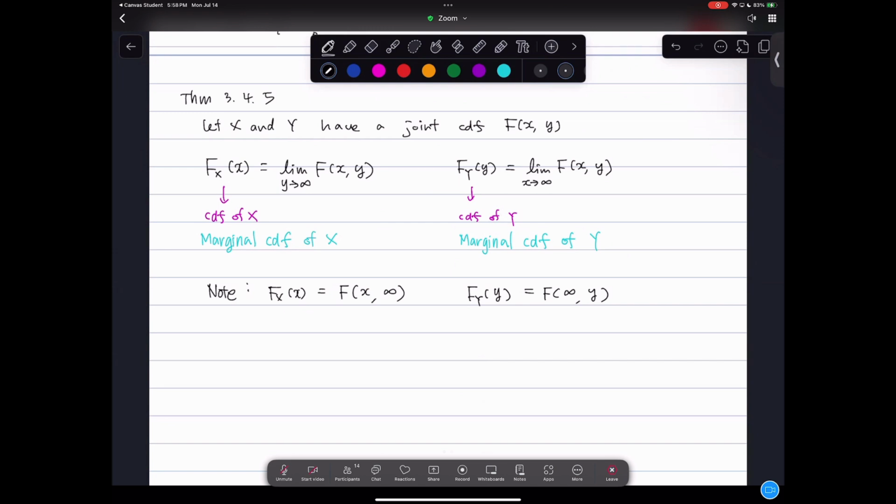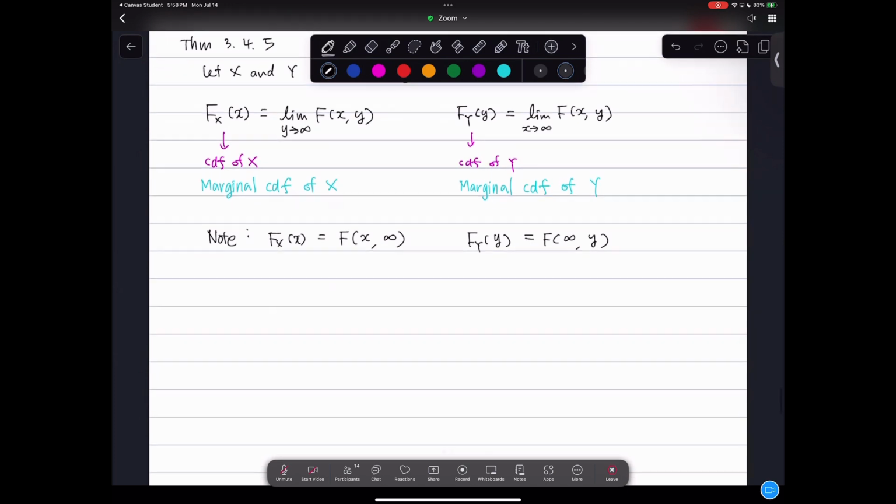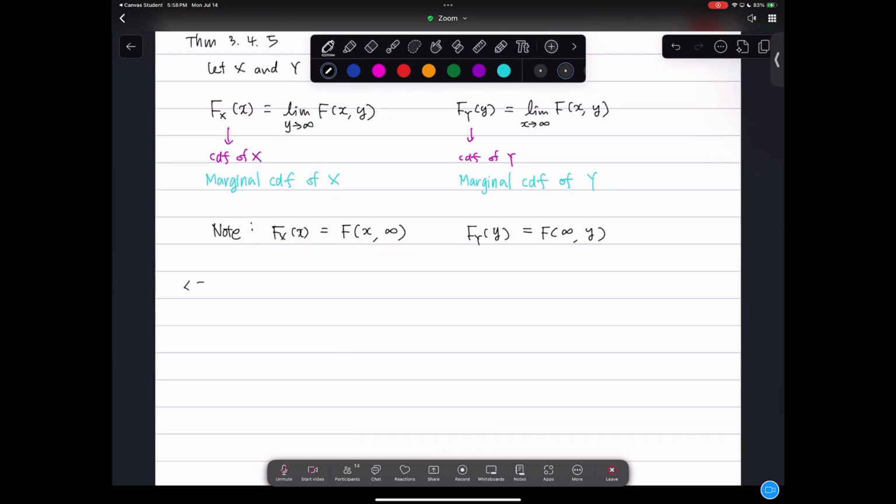All right, so let's get the marginal. Let's look at the example in the book, 3.4.14. Many of these examples go one way or the other: from this, get the other, and from this, get the other. It's going back and forth.